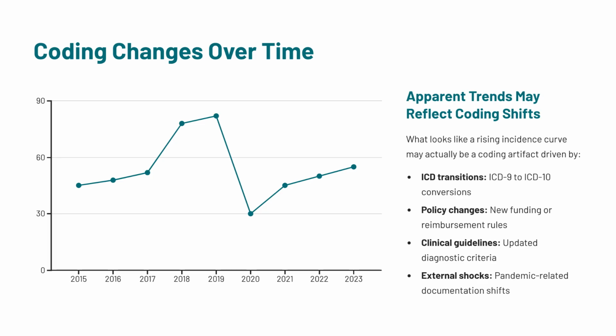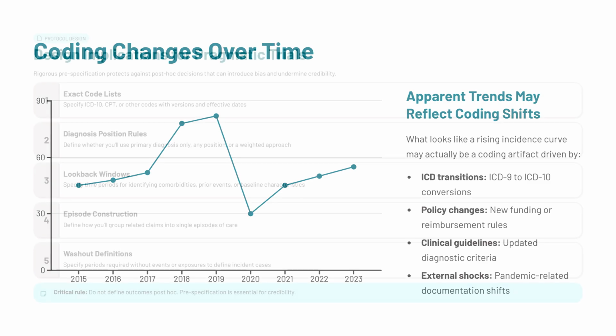For example, fewer visits to the emergency department, more virtual care, longer waits, or shifting thresholds for admission can all change what shows up in administrative data, even if underlying disease risk is stable. That is why it is risky to compare across long time spans without checking whether the measurement environment changed. In pragmatic trials, this also matters when your baseline period uses one environment and your follow-up period uses another.